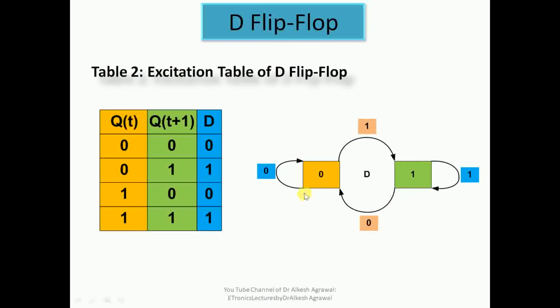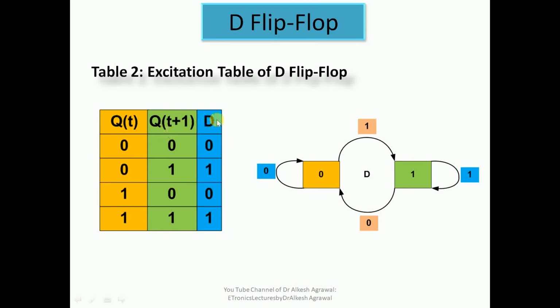Now see the excitation table again. Nothing very complex. You just interchange D and Qt+1 from the truth table, and you get the excitation table. Here Qt+1 is 0 1 0 1, and D is 0 1 0 1.